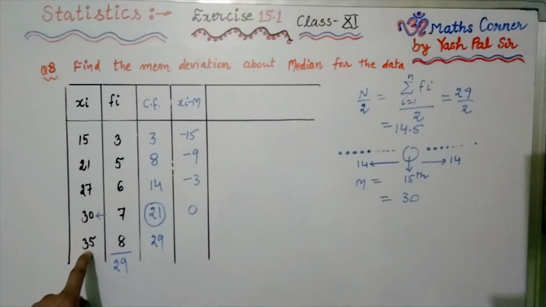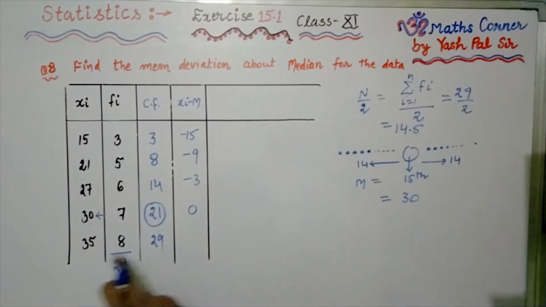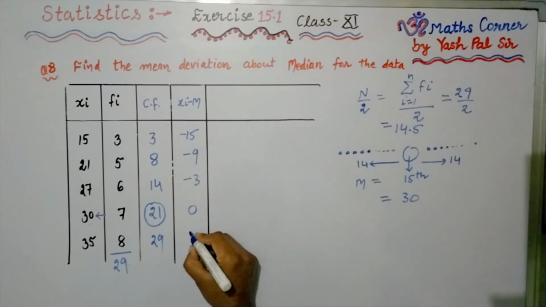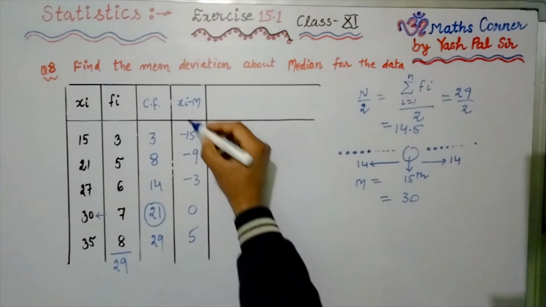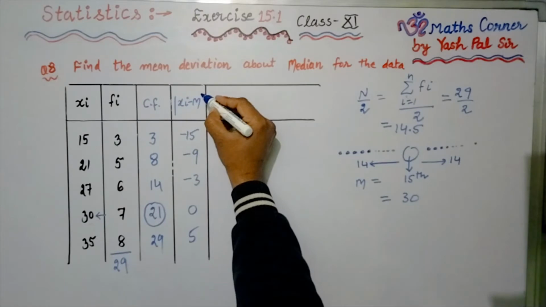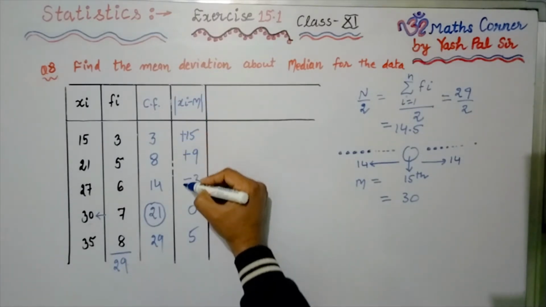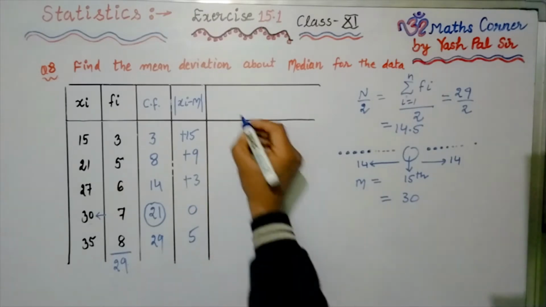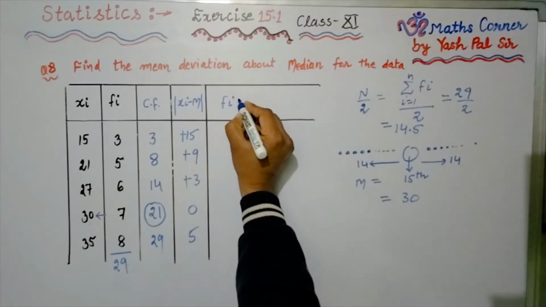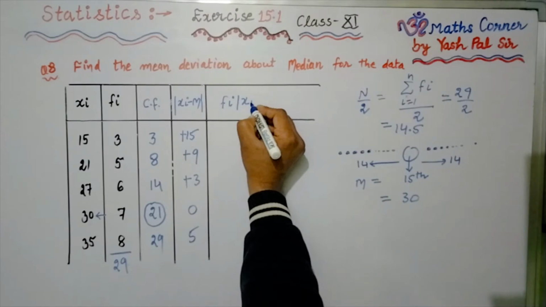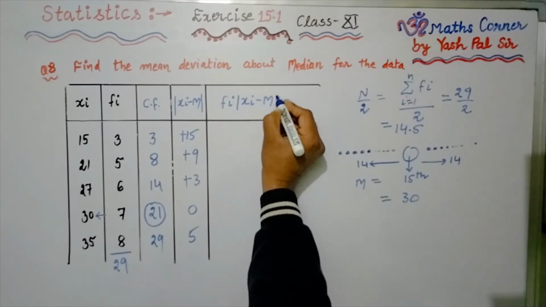Next is 35 minus 30, which is 5. In the next step we take the modulus sign. That means these negative terms also become positive.